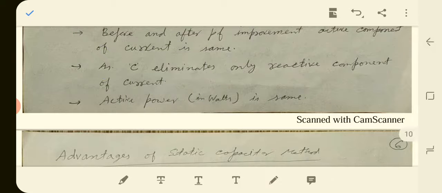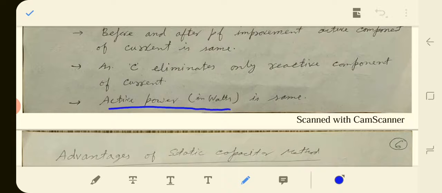So the net active power will be V I cos phi. Active power will be the same, as voltage is the same and I cos phi is the same in both cases, before and after power factor improvement. So the active power in watts will be the same in both cases.